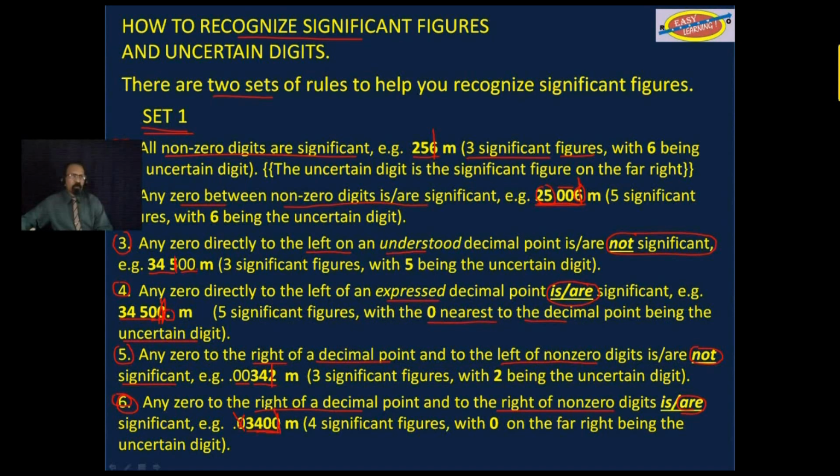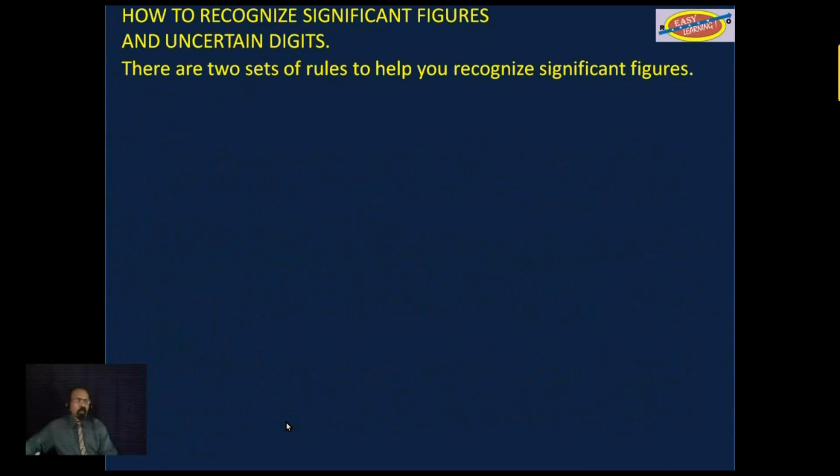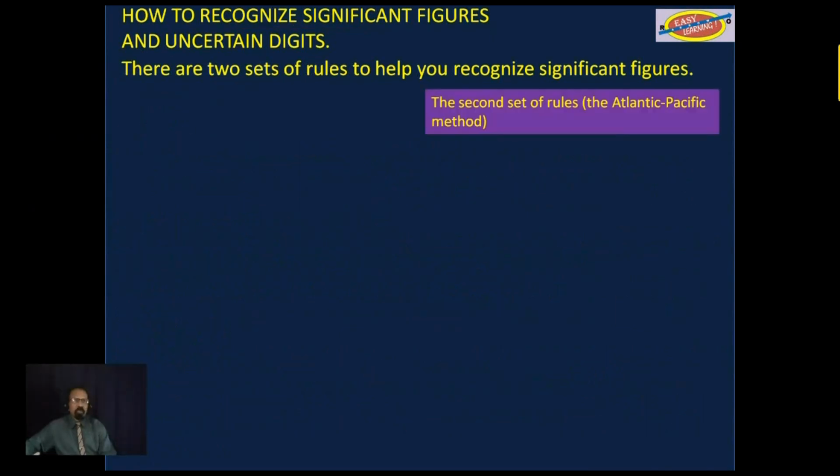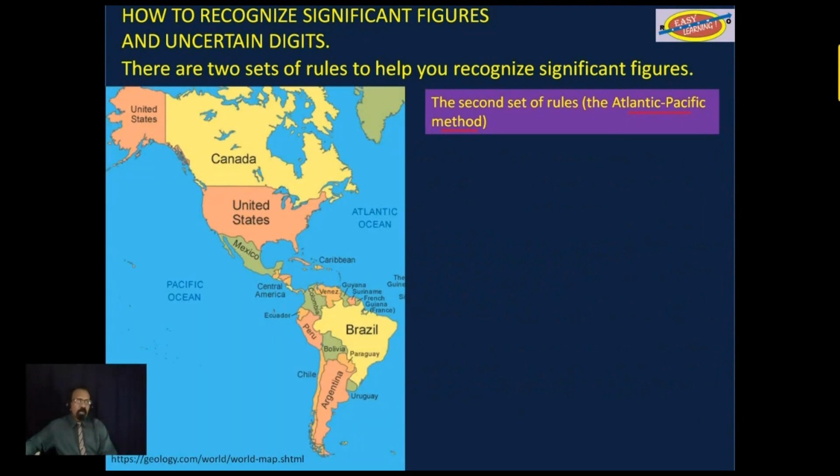Okay, this is one set of rules to help you recognize significant figures. Now, the next set of rules is called the Atlantic-Pacific method. If you look at a map of the Americas, you have North America up here, South America down here, and Central America in between.